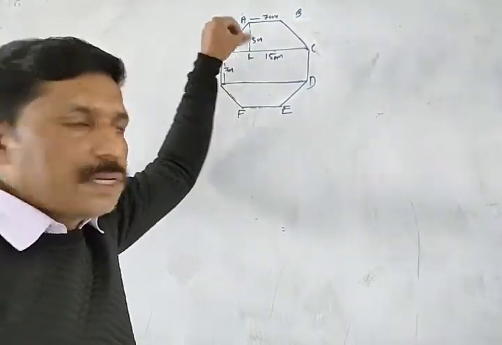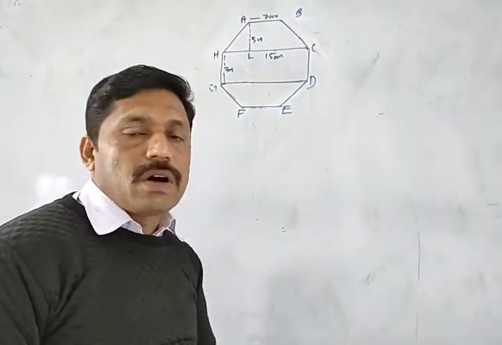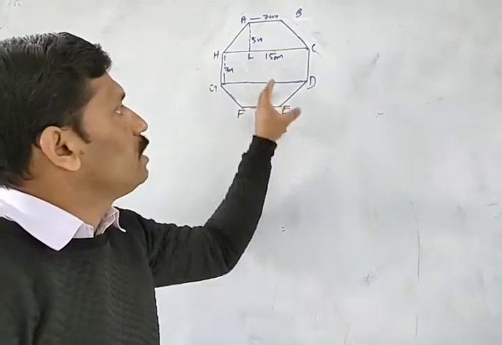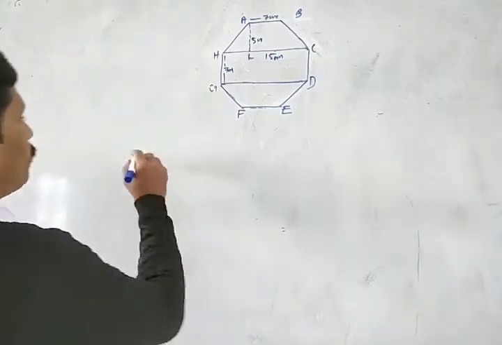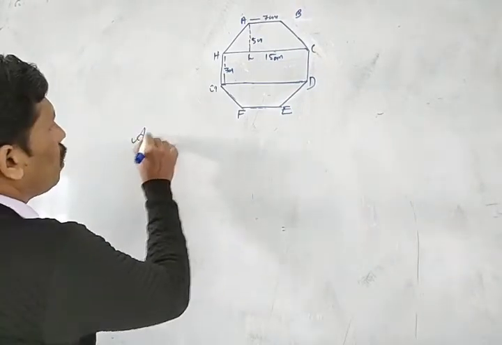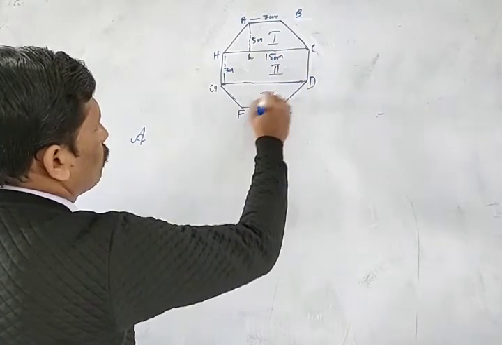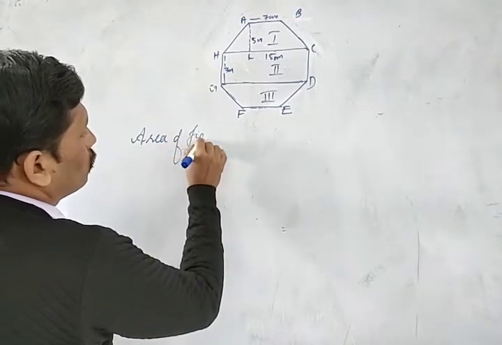Every side is 7 centimeter, therefore this side is also 7 centimeter. So the area of this regular octagon is equal to the area of both these trapeziums and one rectangle. So let us find the area of this figure. Here I am calling them figure 1, figure 2 and figure 3.